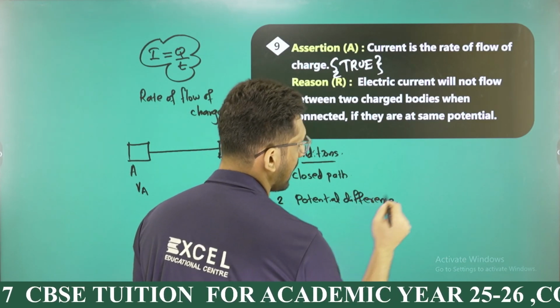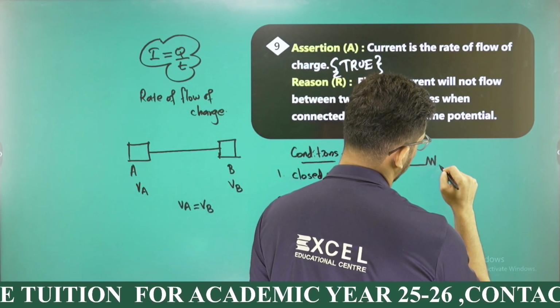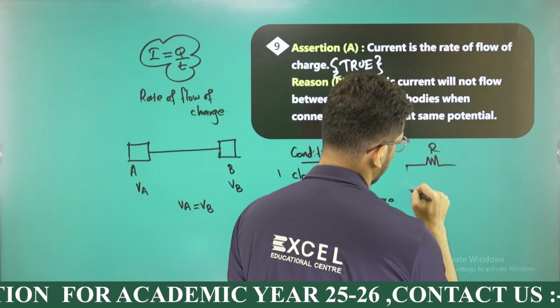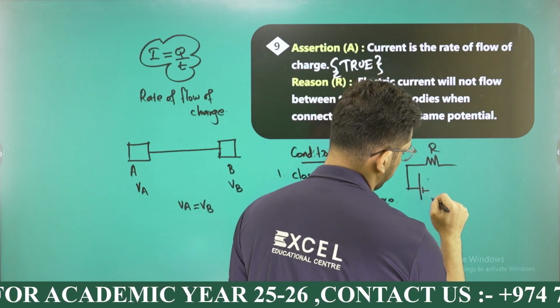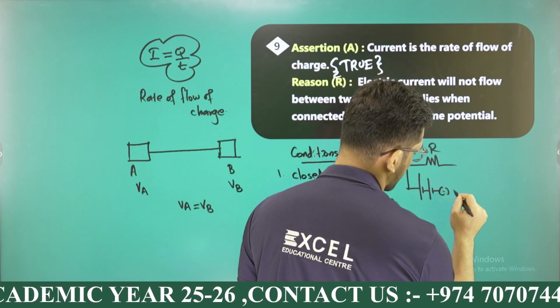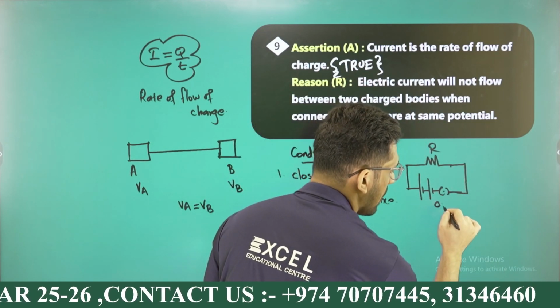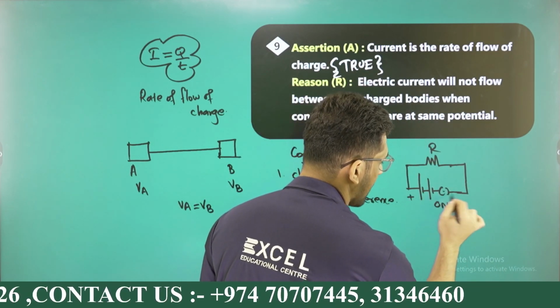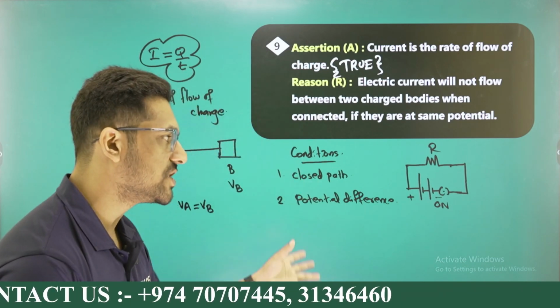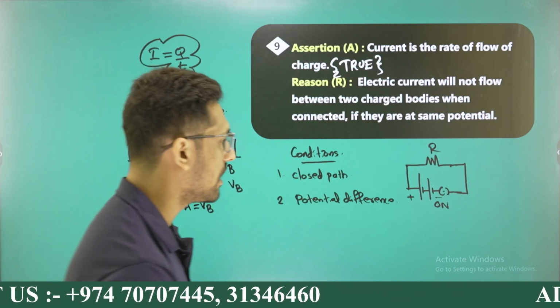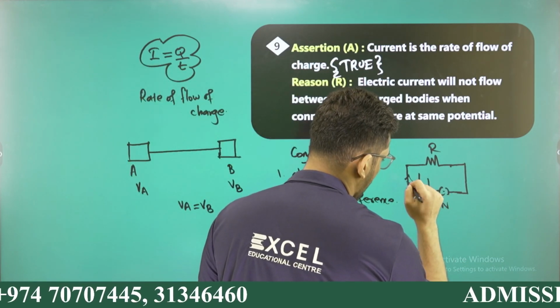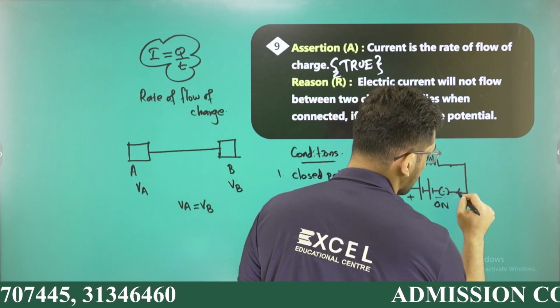Like this. I'm going to represent a circuit here. This is a circuit. R here, a cell, battery, switch. Now, if the switch is on, the current will be flowing out of the positive terminal to the negative terminal.